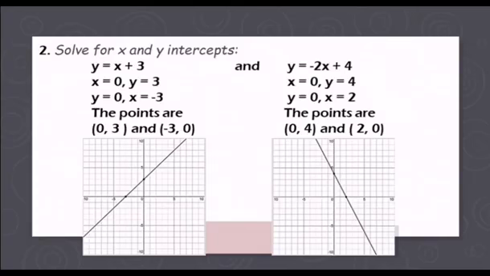For the first equation, y = x + 3, we have the points (0, 3) and (-3, 0), which are the y and x-intercepts respectively. For the second equation, y = -2x + 4, the points are (0, 4) and (2, 0), which are also the y and x intercepts.